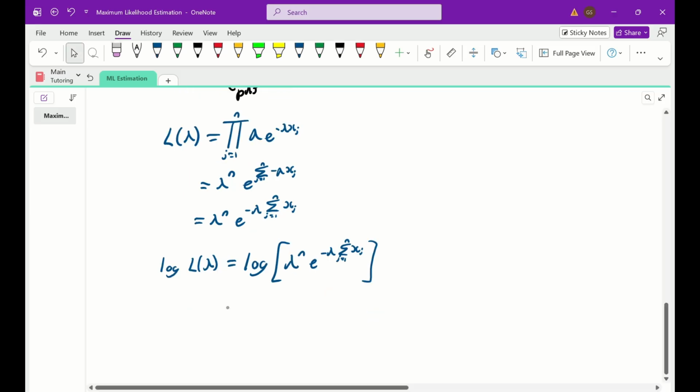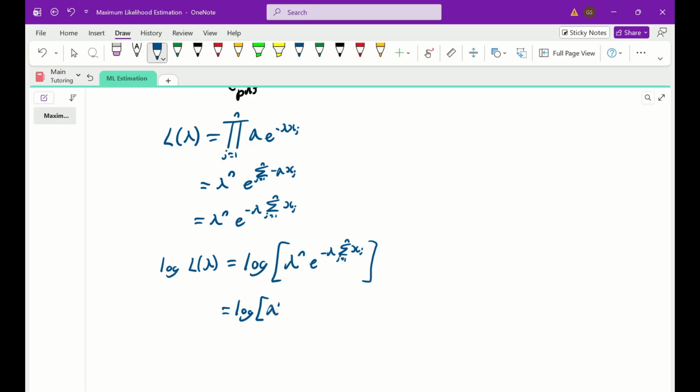Okay, so using your log laws here, we've got the log of a product, so I can split up the log into n log of lambda plus the log of e to the negative lambda sum j equals 1 to n of xj.